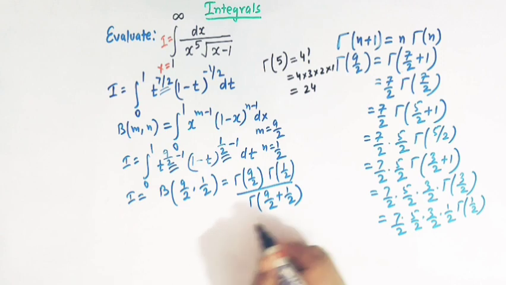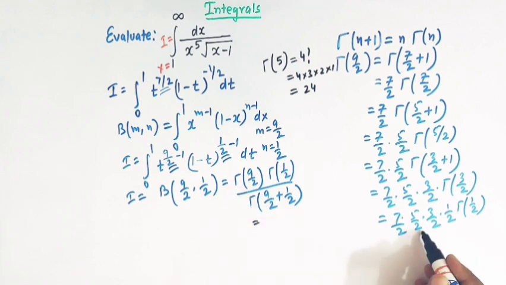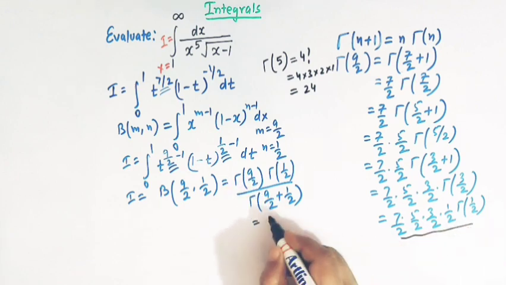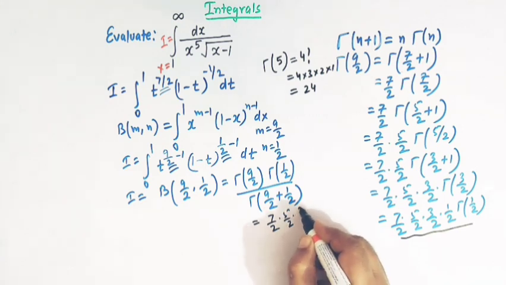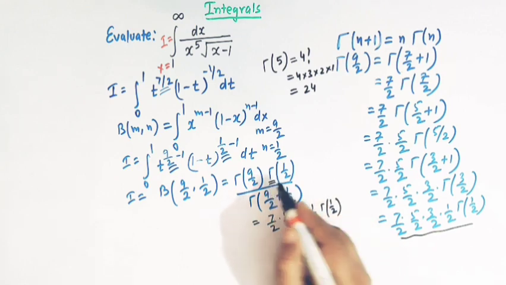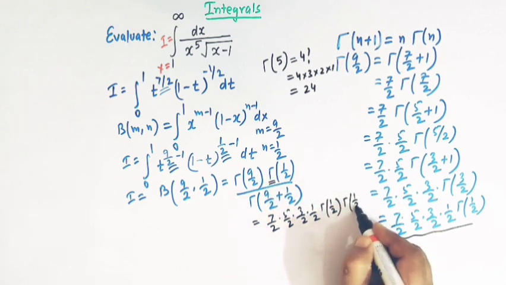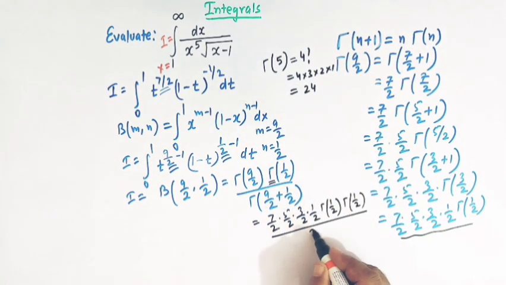Okay, so now here we can write this expression as gamma of 9 by 2 replaced by this expression. So we have 7 by 2, 5 by 2, 3 by 2, half, and gamma of half, right? And here also we have gamma of half, right? And in the denominator we have 24.